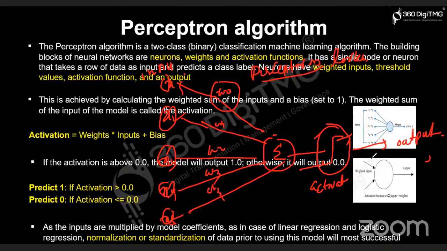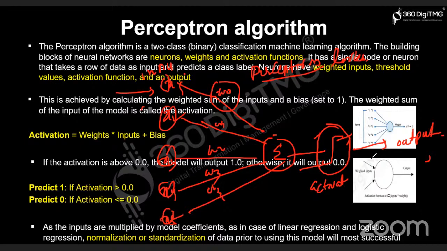So here, the input layer is the primary component of our perceptron, which accepts the initial data, whatever input we are giving into the system, and then sends it on for further processing.